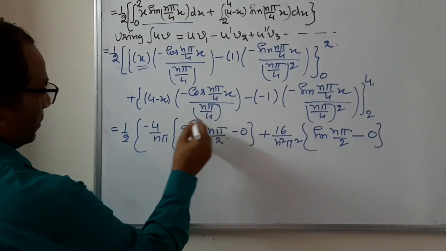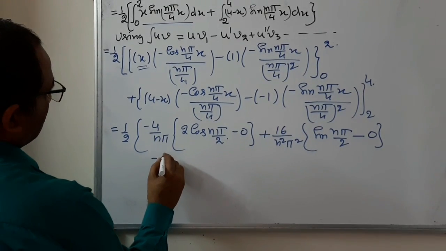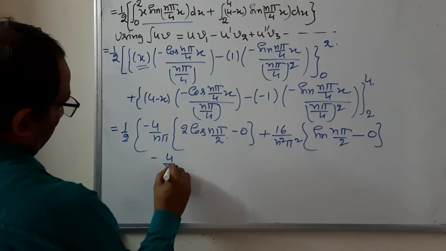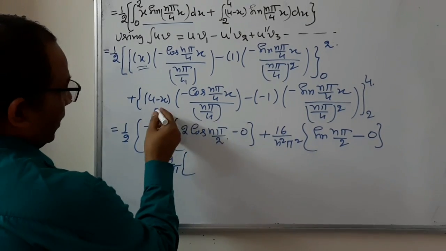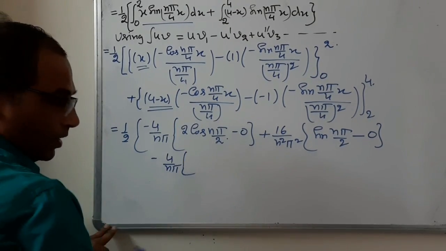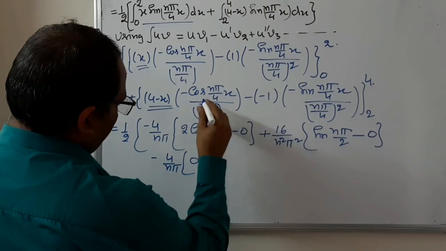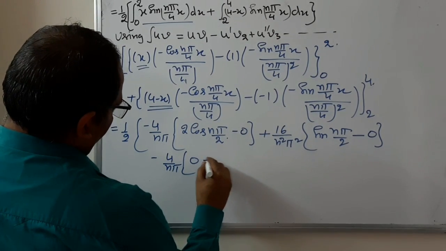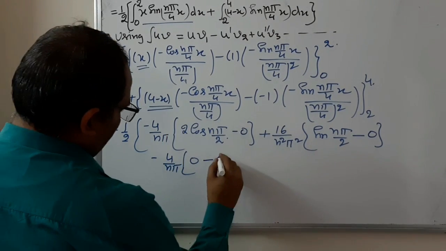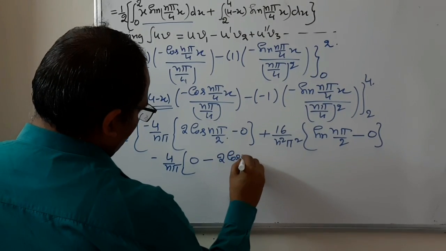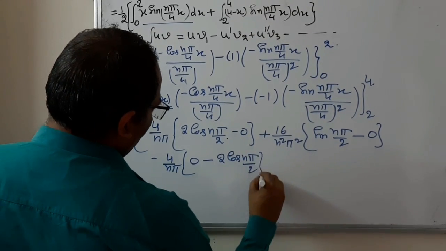Then again from here minus 4 upon n pi common, put here 4, if we put 4 the value is 0, and this 0 minus (4 minus 2), that is 2 cos of n pi by 2.